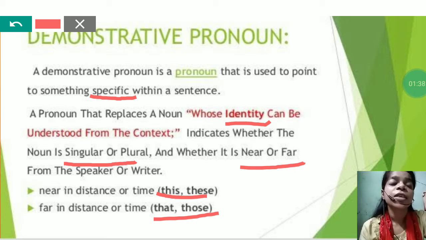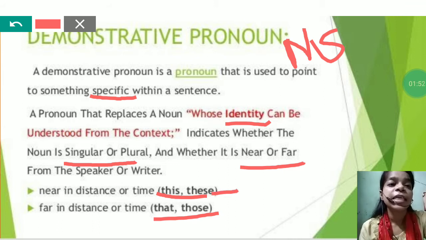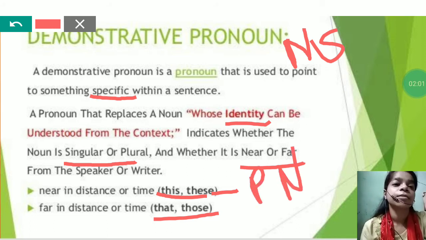So the first one, this, is used for the noun which is near to us and which is singular. These is used for the objects which are plural and near to us.